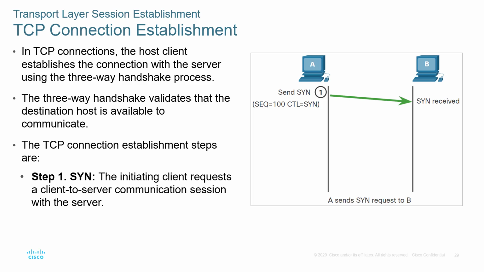So we talked about the establishment of a TCP session. This is known as a three-way handshake. Part of this process will start with the source, the sender. They'll send a SYN request. The destination will have a SYN received. The requester, computer A in this example, will have a SYN sequence number randomly generated, let's just say 100.